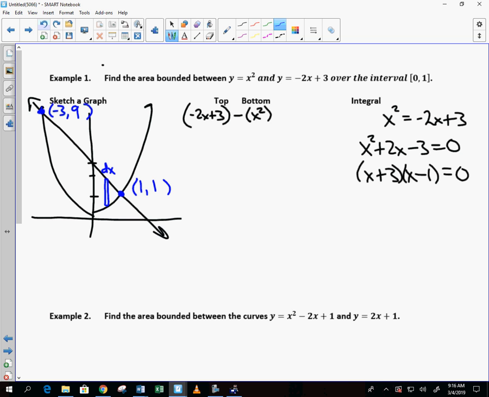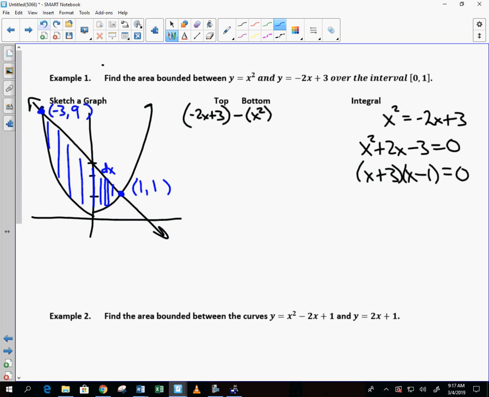If I were to draw it this way, it would have vertical thickness. We would call it dy. So we have dx for this width. If you are going to have dx for your width, x tells you that you're going to go x bounds. So negative 3 to positive 1. That would be this area right here.